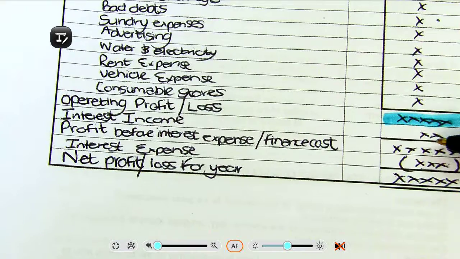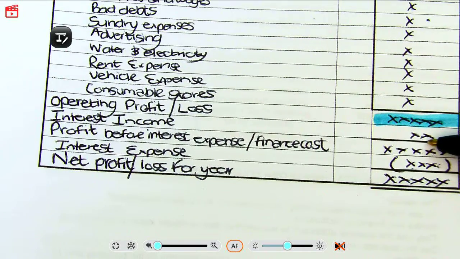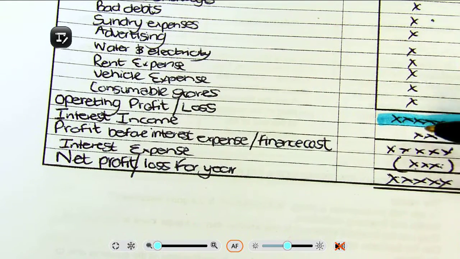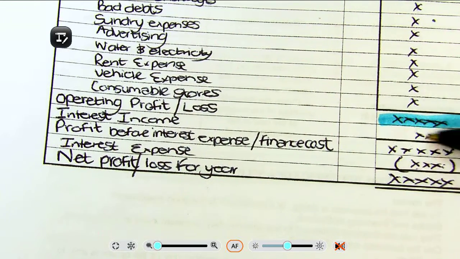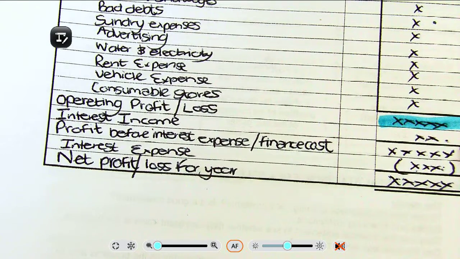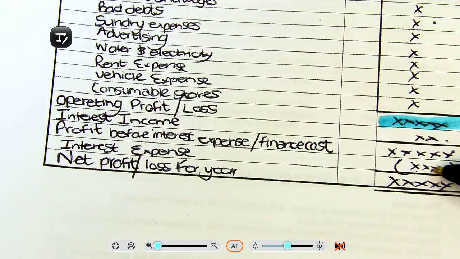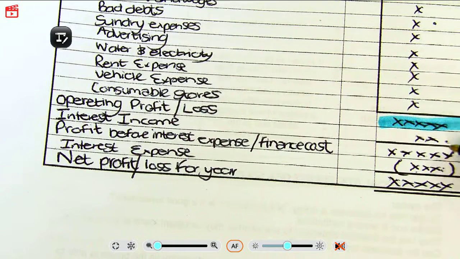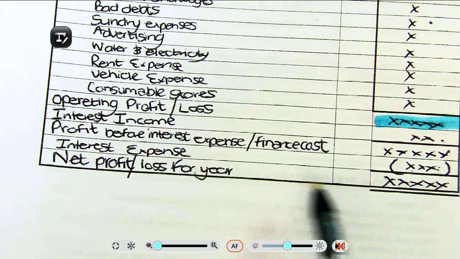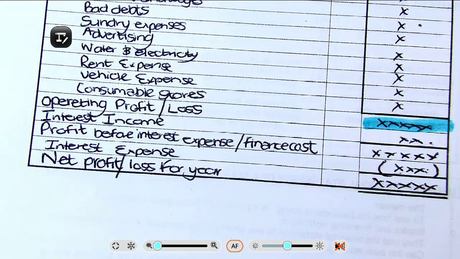Then I enter my interest income over there. So my operating profit or loss plus my interest income, I rule off, and that's going to give me my profit before interest expense. Then I insert my interest expense, I subtract that from my profit before interest expense, and that final answer is going to give me my net profit or loss for the year.